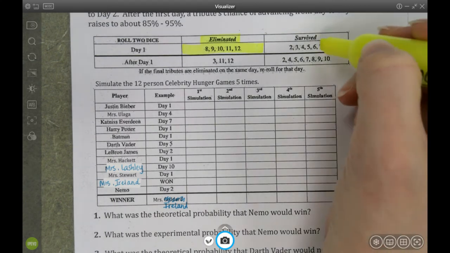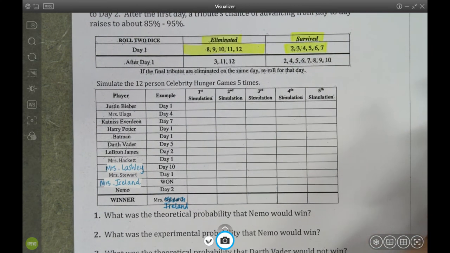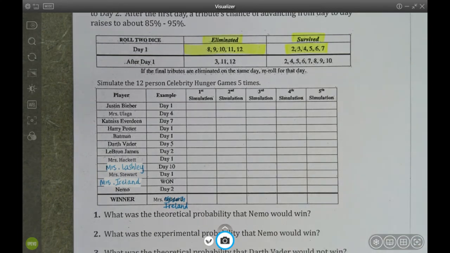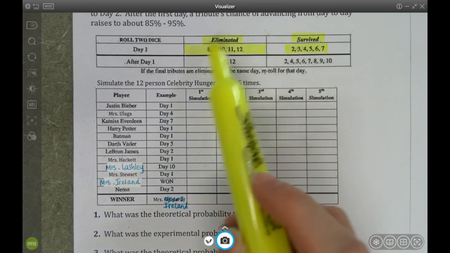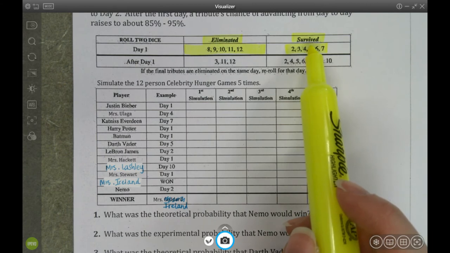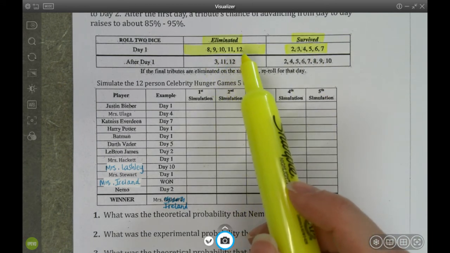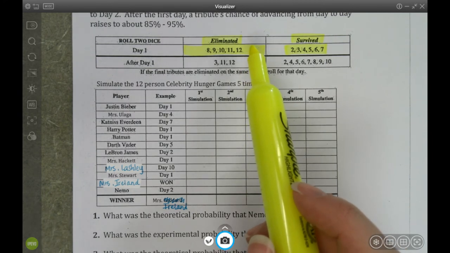If we roll something other than that, they survive and go to day 2. After day 1, you continue to roll until you get a 3, 11, or 12, and however many times you roll is how many days they survive.